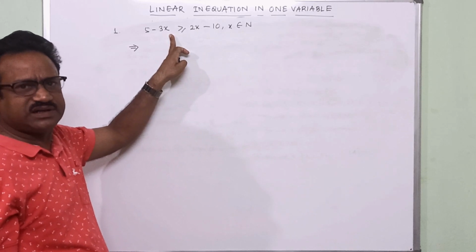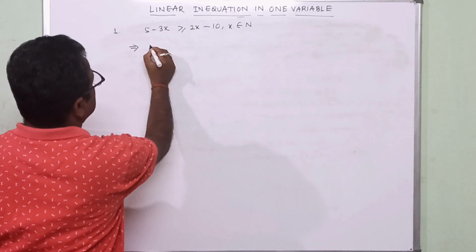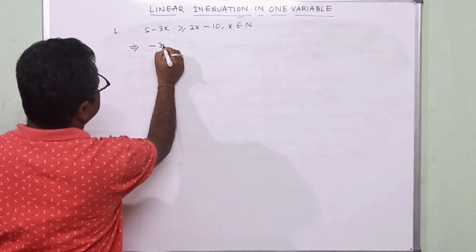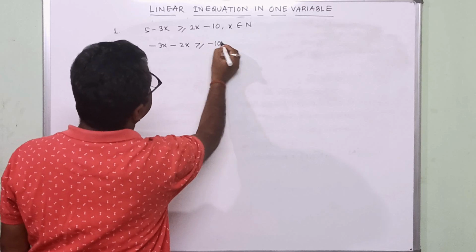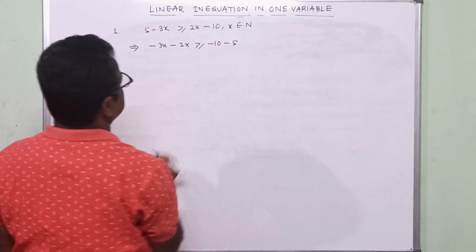So now, minus 3x minus 2x greater than equal to minus 10 minus 5.